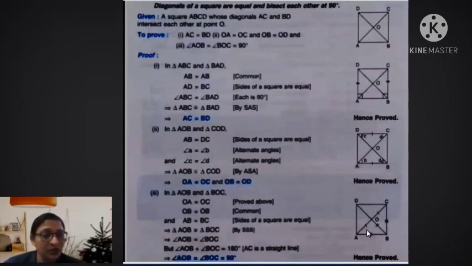As well as we can notice here, angle AOB plus angle BOC is equal to 180 degree since they are the straight line angles. But they both are equal, then we can substitute one of the values in the other. Since we get 2 BOC equal to 180 degree, and by dividing 180 by 2, we get the angle BOC, 90 degrees, which is also equal to angle AOB, that is the 90 degree. Hence, it is proved the both diagonals are intersecting each other at 90 degree.